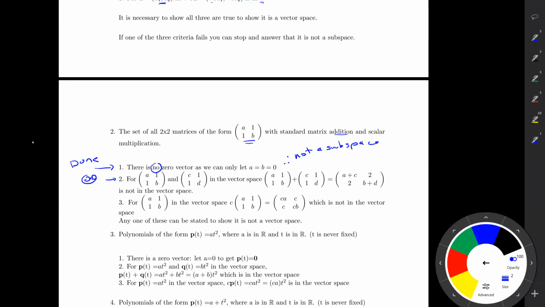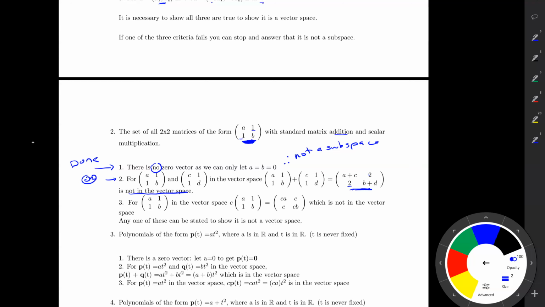If I take two vectors, I call them vectors because they're elements of this vector space, two things that are in this subspace, and I add them together, does this look like it fits in matrices of this form? No, it is not, because the matrices of this form have 1s here and this matrix has a 2. So it is not in the vector space.